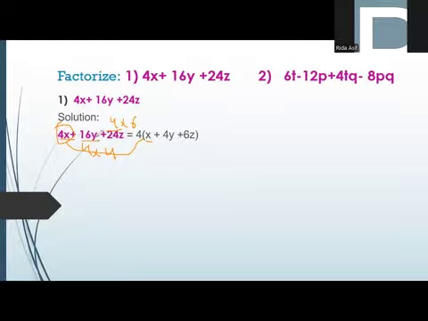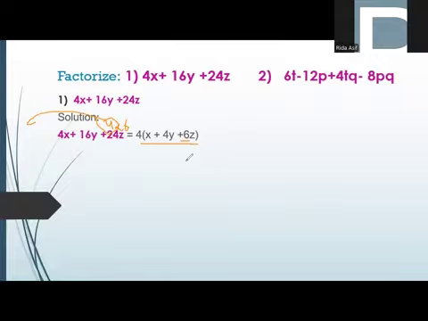What about the second term? 4 into 4. If we have taken out 4 as common, only 4y will be left. So we get 4y. What about 24z? 4 times 6 is 24, right? If we have taken out 4 outside the bracket, we get 6 inside the bracket. So we get 6z. So the answer is this, right?